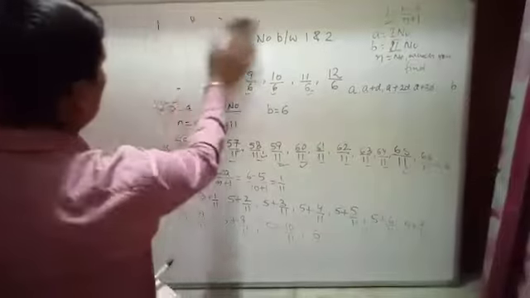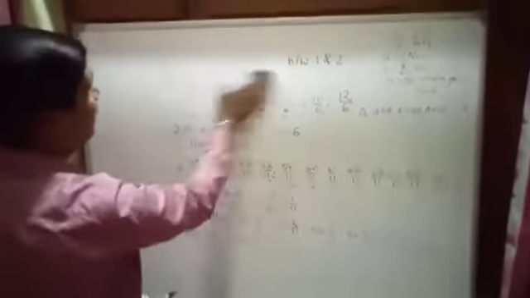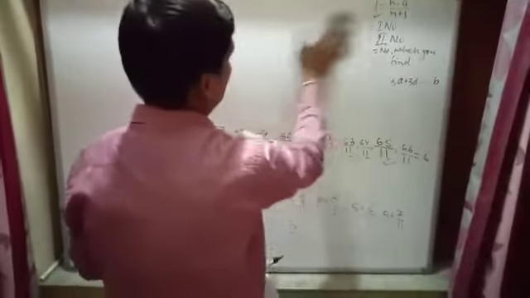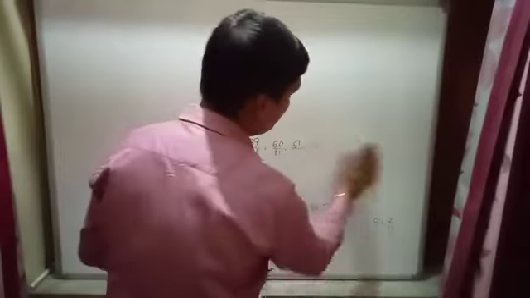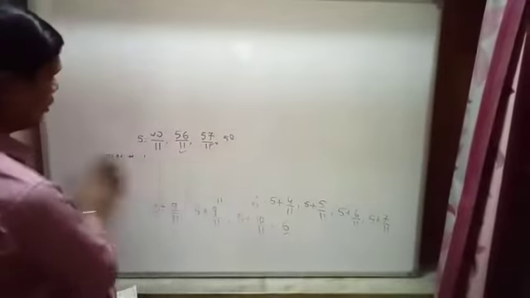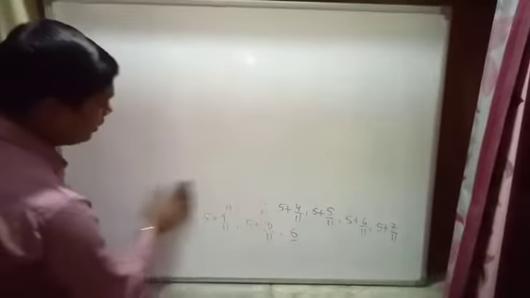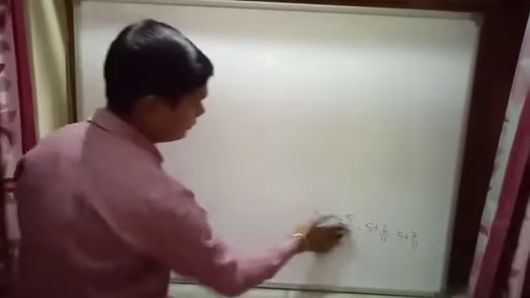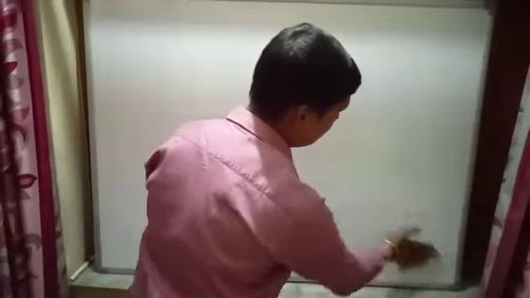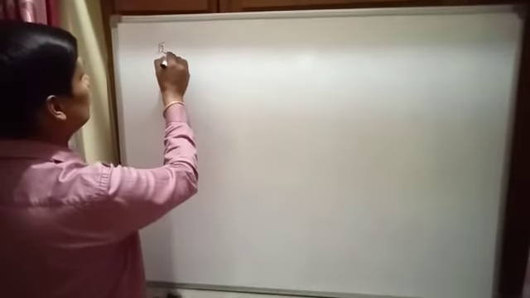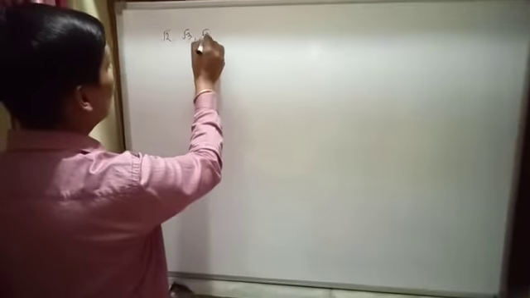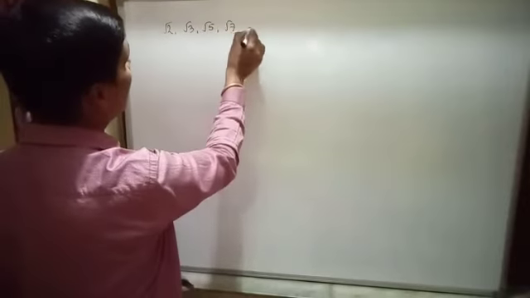Okay, now I am telling you about the irrational numbers. What are the irrational numbers? We have discussed previously that the numbers which are not rational are the irrational numbers. Irrational numbers are like root 2, root 3, root 5, root 7.